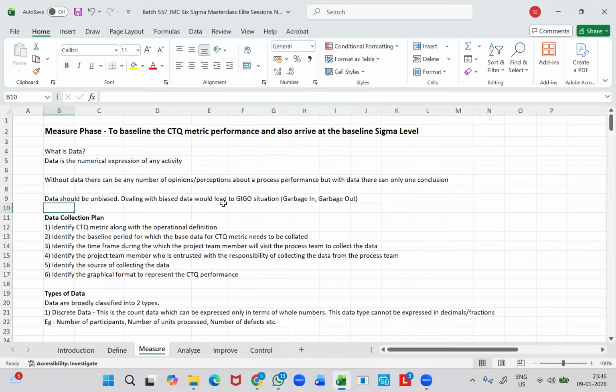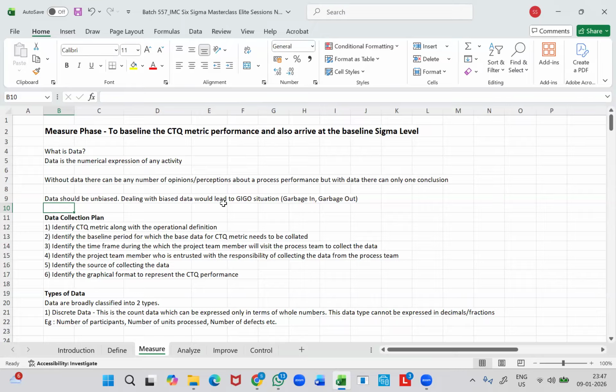But it's important for us to understand that whatever data we are considering should be totally unbiased. So what do you mean by biased data? Say, for example, there is a quality inspection team inspecting each and every sample unit and finalizing whether the sample unit is defective or non-defective.